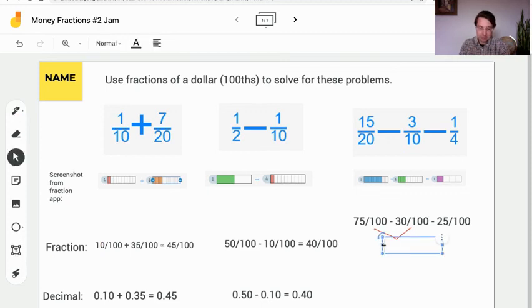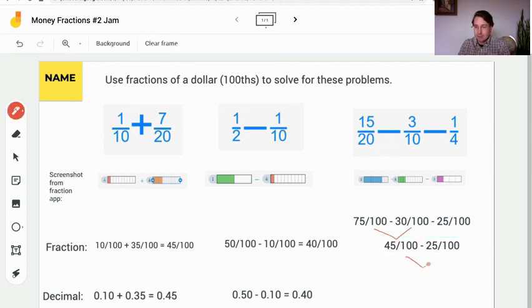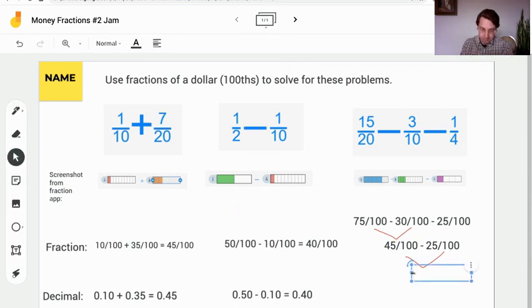So 75 minus 30 is 45/100ths minus 25/100ths, because I still have to bring down that one. Take my pen again. 45/100ths minus 25/100ths. Well, this will give us, 5 brings us down to 40, and 20 brings us down to 20. This will give us 20/100ths. This is our solution there.